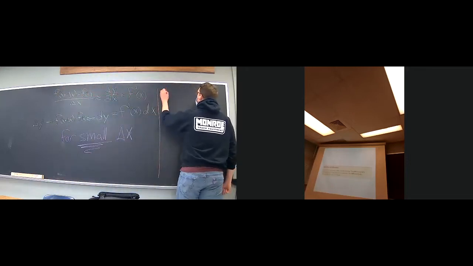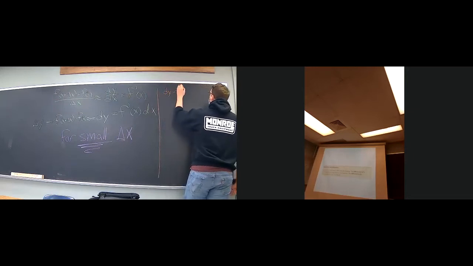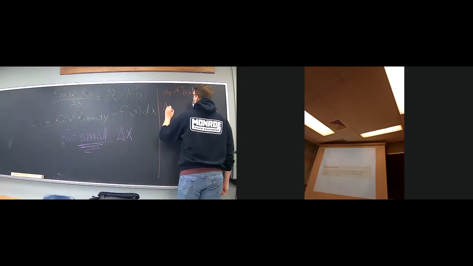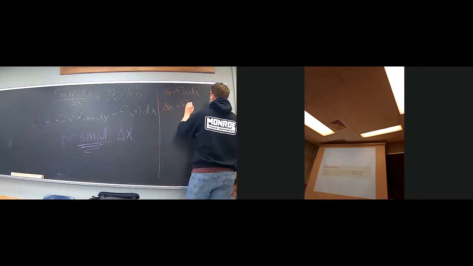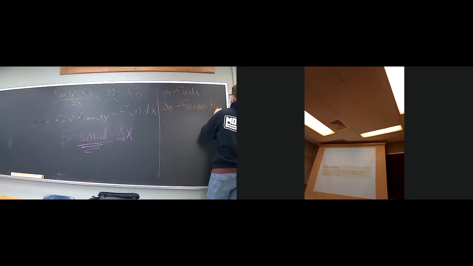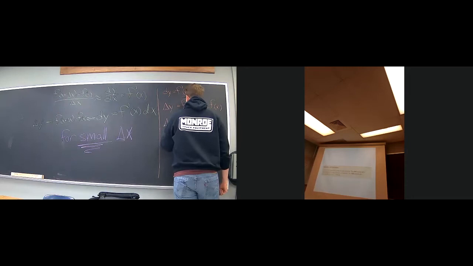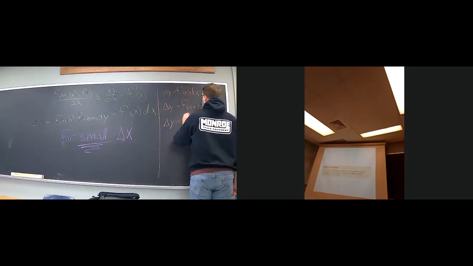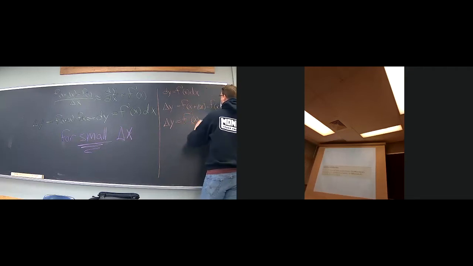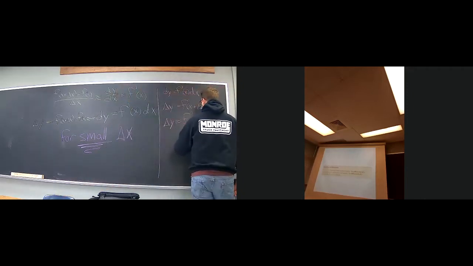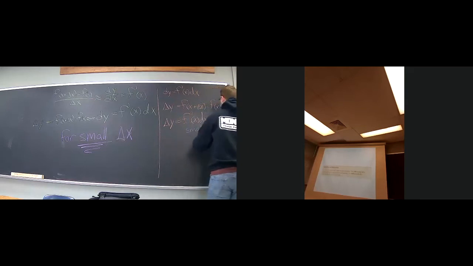The first thing is that dy is equal to f prime of x dx, and delta y is equal to f of x plus delta x minus f of x, and that delta y is approximately equal to f prime of x dx for small delta x's.